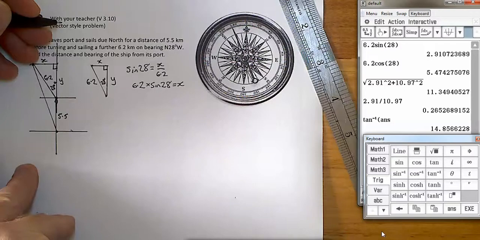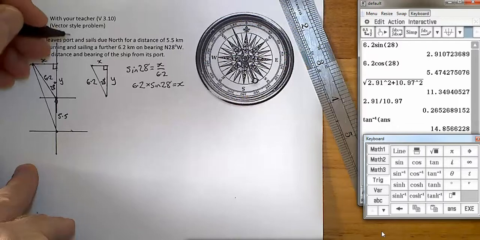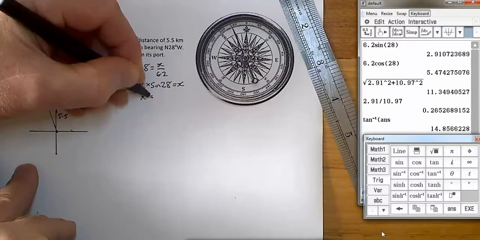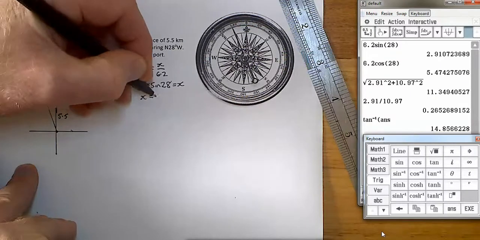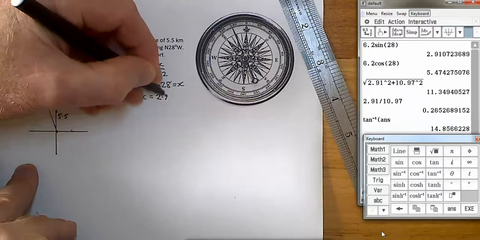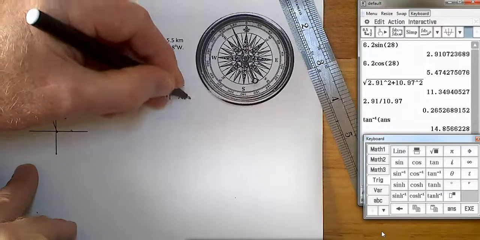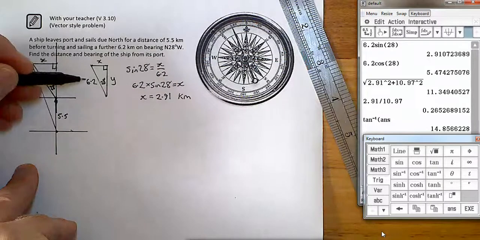And now on our calculator, and I've done this beforehand, you can see up on the screen there that x is equal to 2.91 kilometres.